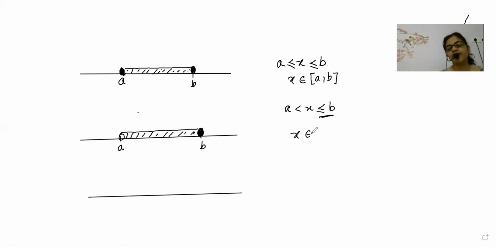So here you are taking values more than A. You are saying A should not be included, and definitely B should be included.